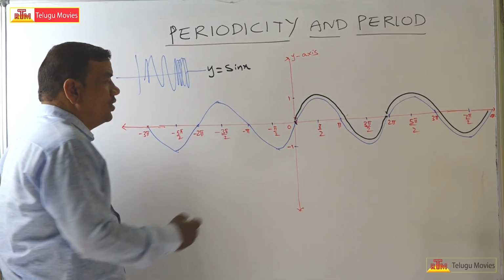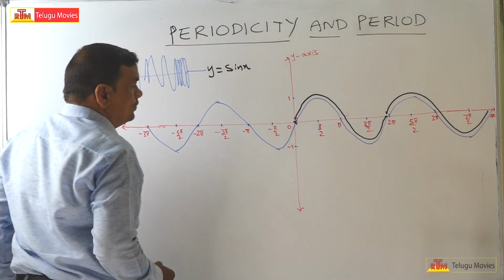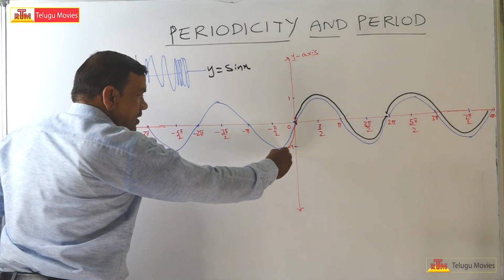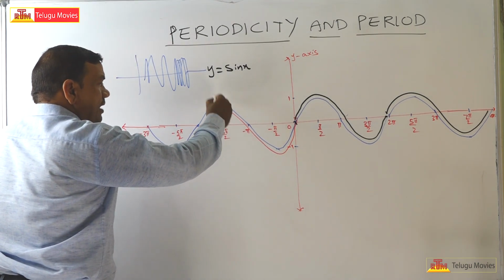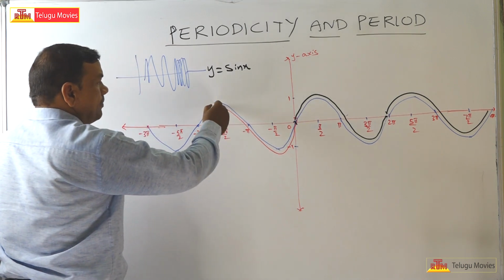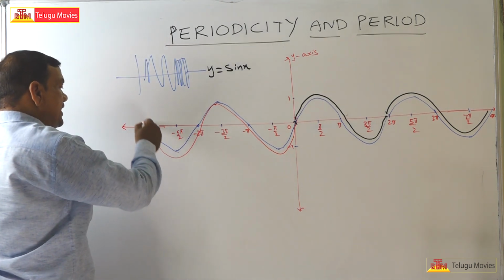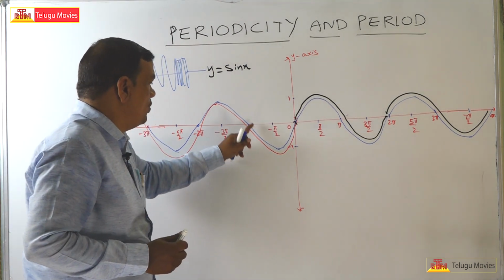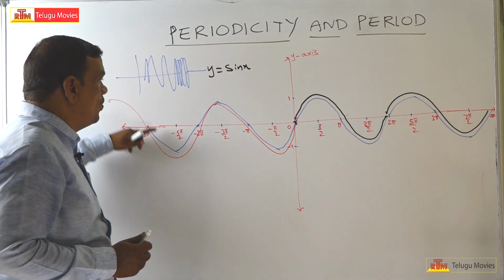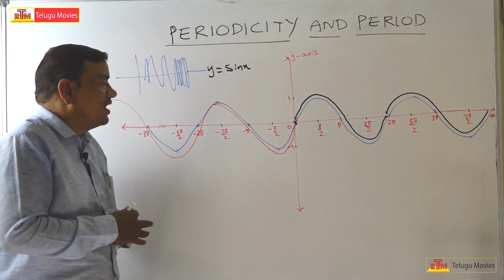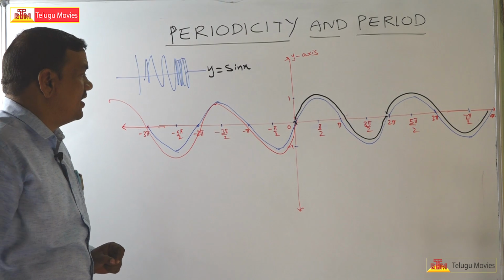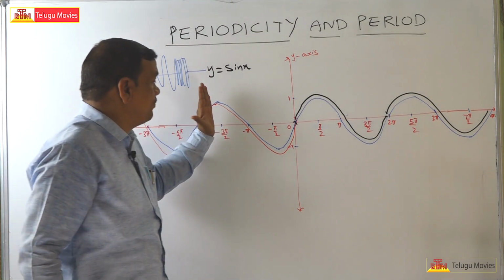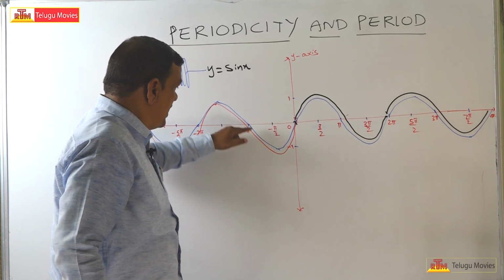Here also, if we observe, see here, down and again up, down and up, again down and it will come up. So every length of 2 pi interval, it is regaining its same position. See here, again coming here.